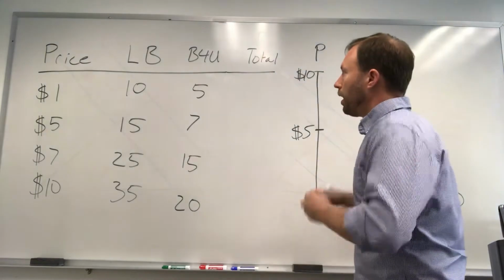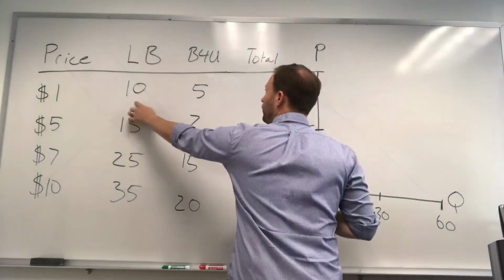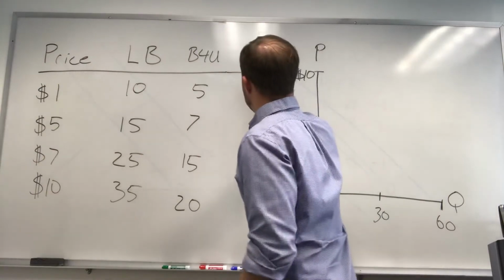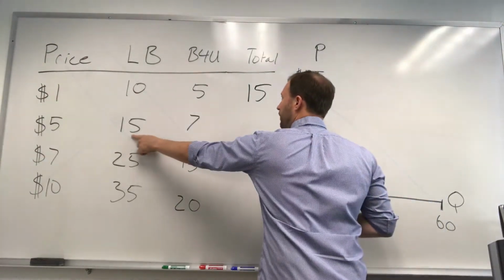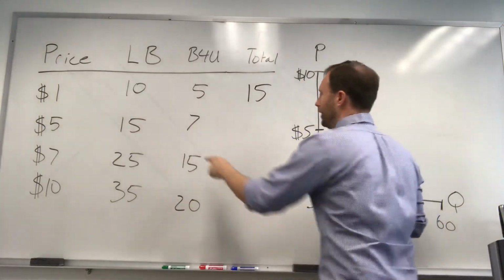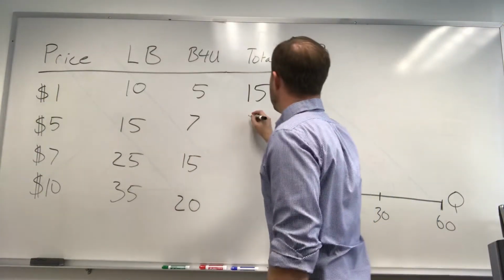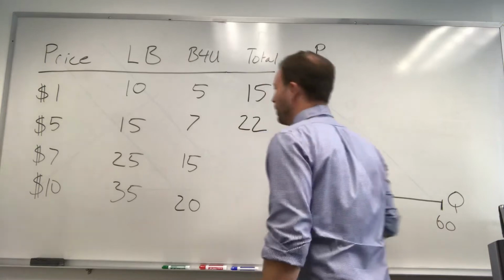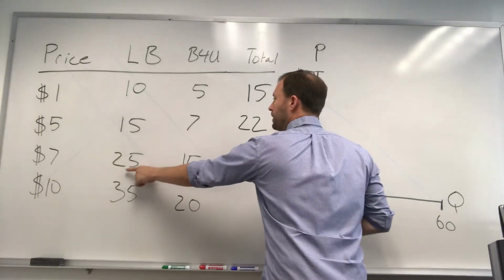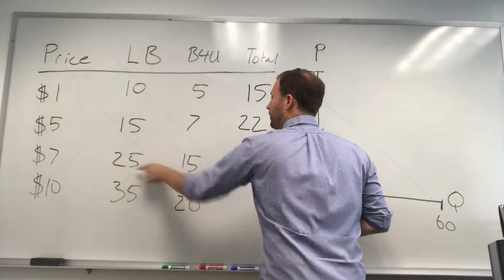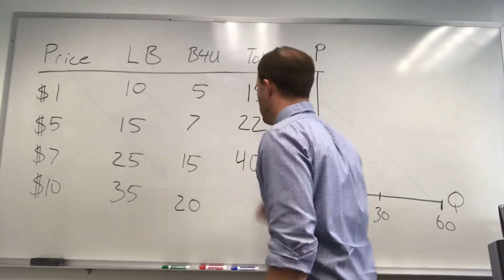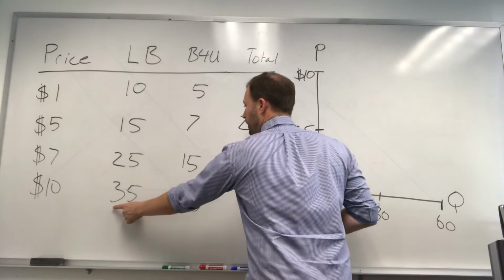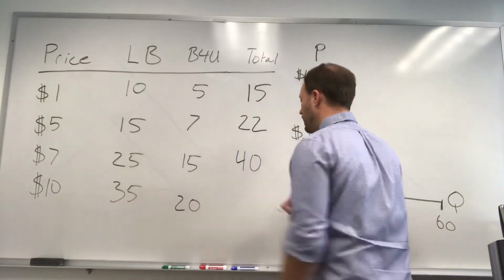So at $1, we've got 10 from Light Bright, 5 from Bulbs for U. That gives us 15. At $5, we've got 15 from Light Bright, 7 from Bulbs for U. That's 22. At a price of $7, we've got 25 from Light Bright and 15 from Bulbs for U. That's 40. And finally, at a price of $10, we have 35 plus 20 is 55 units.